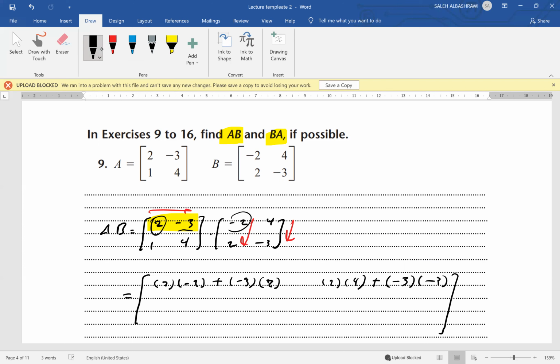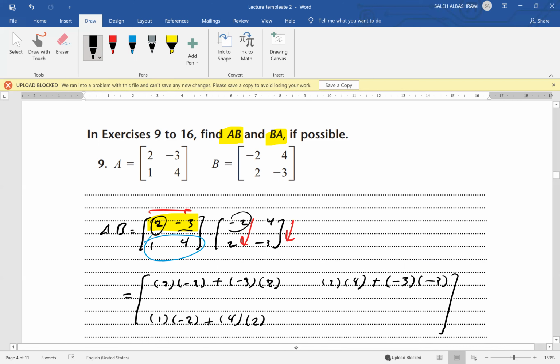Let's move to the second row. Second row, which is this one. So we have 1 multiplied by the first column, plus the second element, 4, multiplied by the second element of the first column, which is 2.